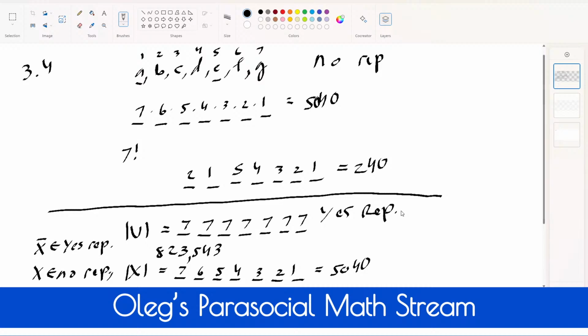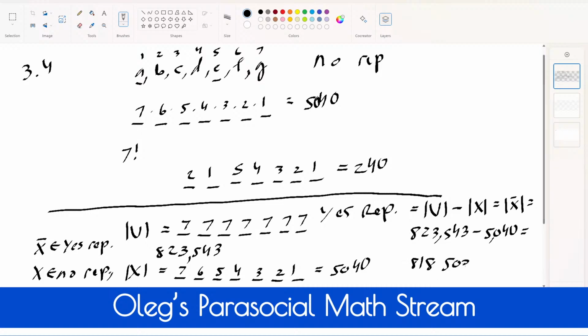So what we got is equal to the cardinality of u minus the cardinality of x, which is equal to the cardinality of x complement, which is equal to 8, 2, 3, 5, 4, 3 minus 50, 40. It comes out to 818,503.